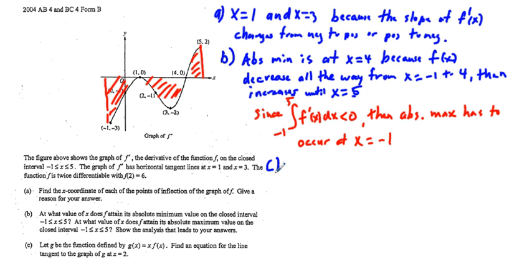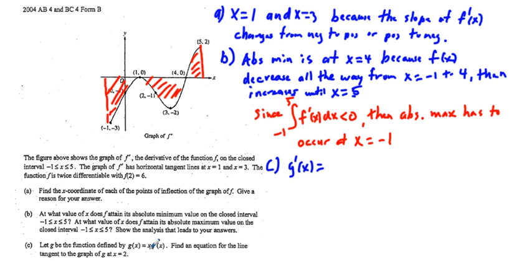Now we get to part C. Let g be the function defined by g of x equals x times f of x. Find an equation for the line tangent to the graph of g at x equals 2. To find g prime of x, we're going to use the product rule: the derivative of x times f of x plus the derivative of f of x times x.